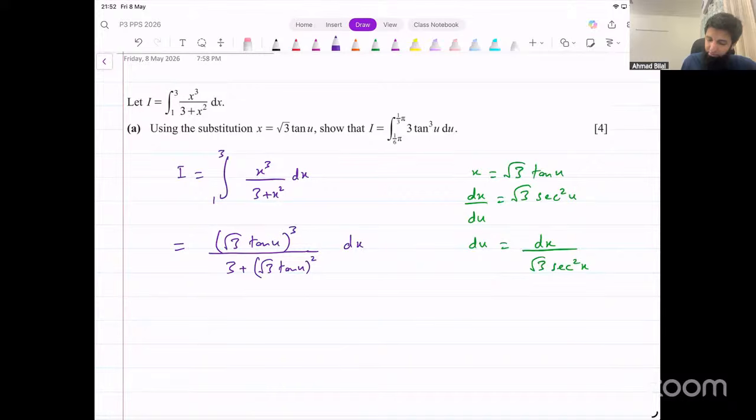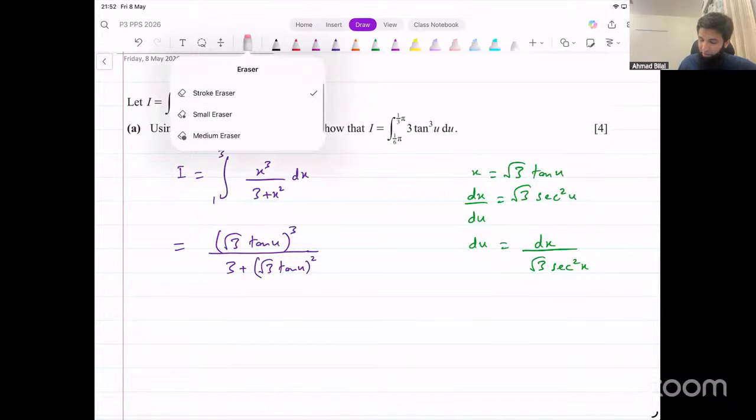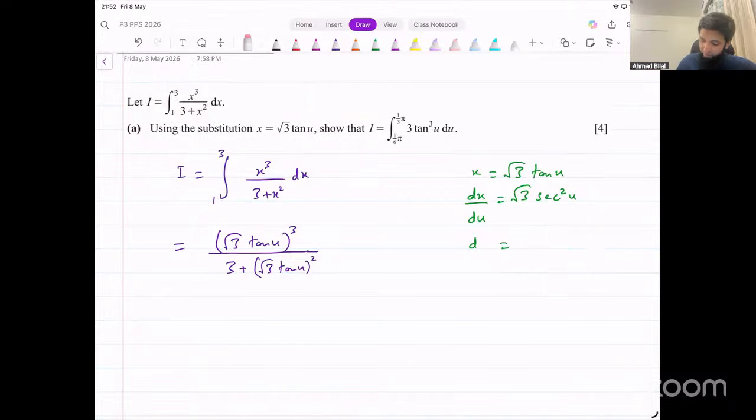Wait, there's something wrong. We had to replace dx, right? So we make dx the subject. That actually gives us √3 sec²u du. That is what we input there, multiplied by √3 sec²u du. This is what we end up getting.